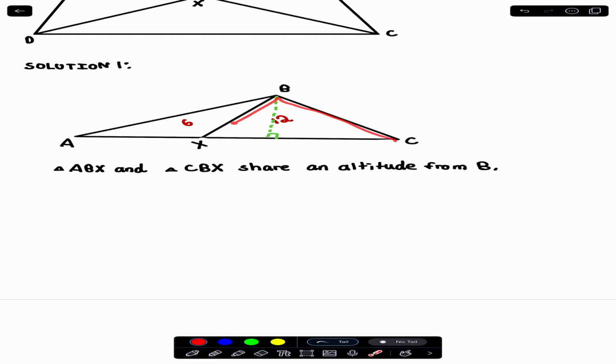So here's CBX, that's the altitude, and ABX, an obtuse triangle, so the altitude is outside. This means we can find a relationship between their areas as follows. We can almost pretend like the B's are not even there.